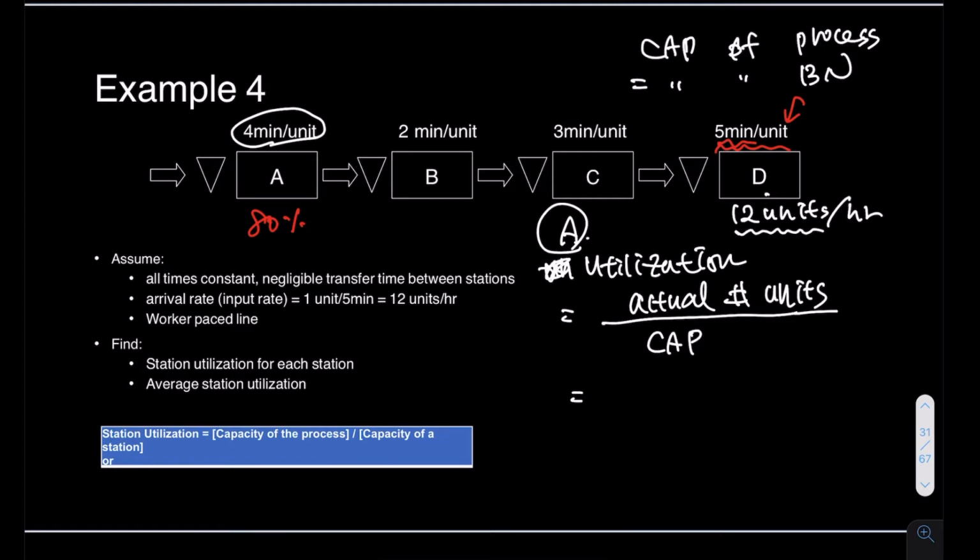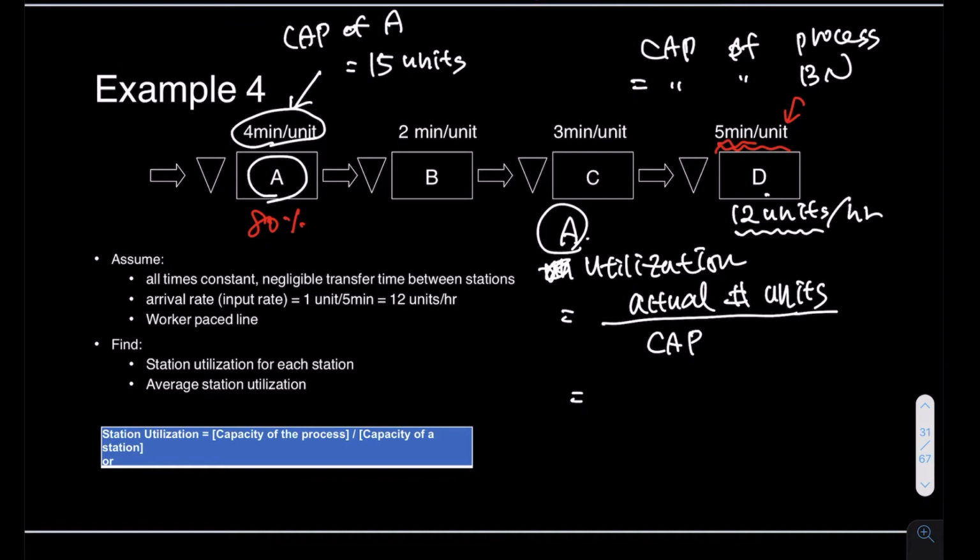However, if you look at just station A separately, given this cycle time, what was the capacity of A? Do you remember? It is 60 divided by 4. So actually you can make 15 units per hour. In other words, when you look at only station A, although you can make 15 units per hour, that is your maximum capacity.